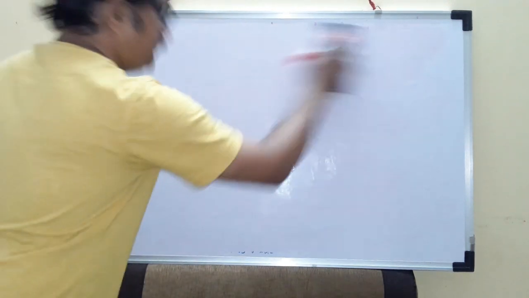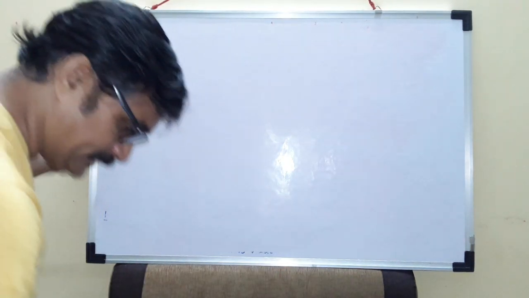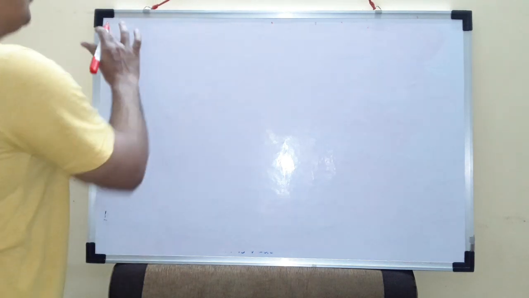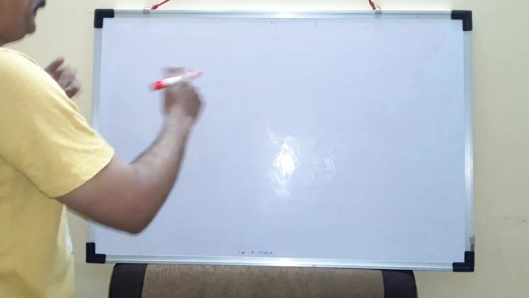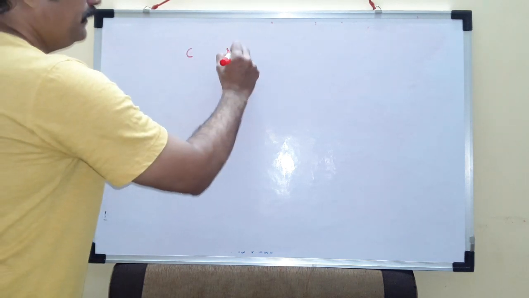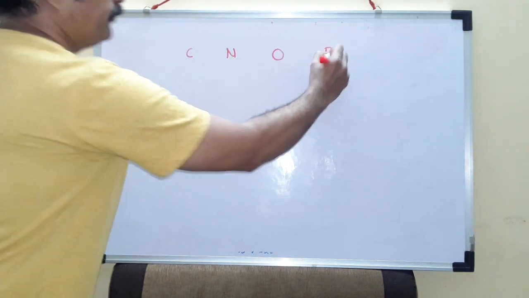The third factor which we are going to discuss now is what happens in the periodic table from right to left, particularly the second row, which has carbon, nitrogen, oxygen and fluorine.